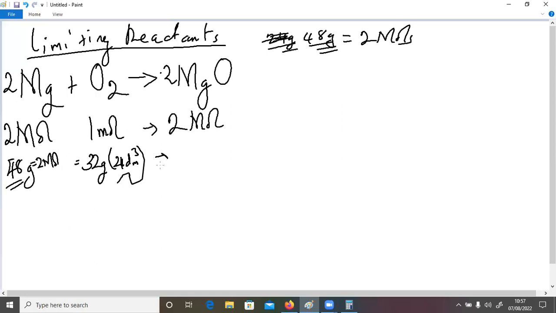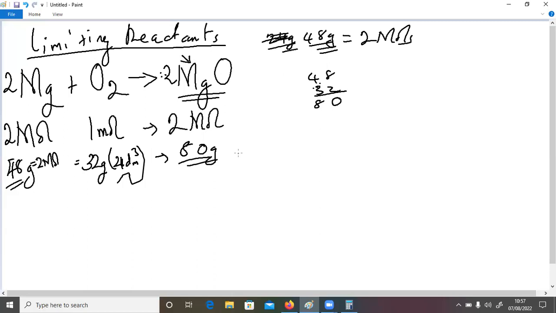And to give me 2 moles of magnesium oxide. Let's do this calculation: 2 magnesium is 48, 2 oxygens is 32, which is 80. So this will give me 80 grams of magnesium oxide.